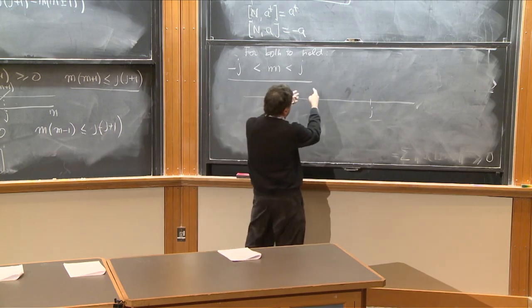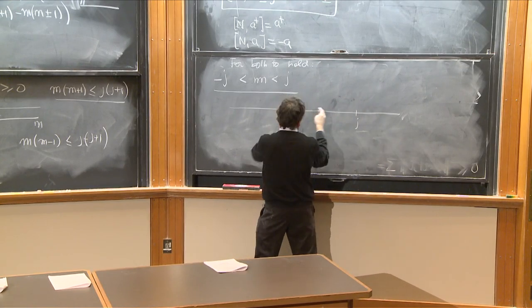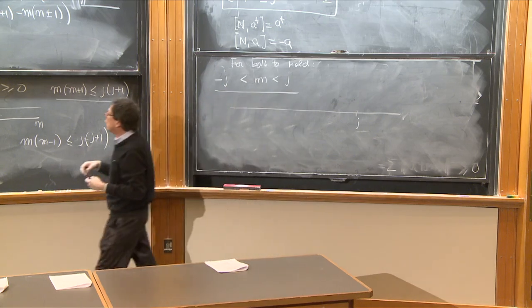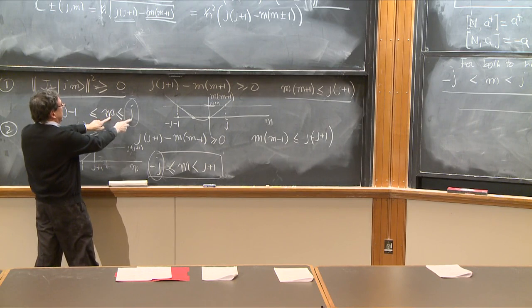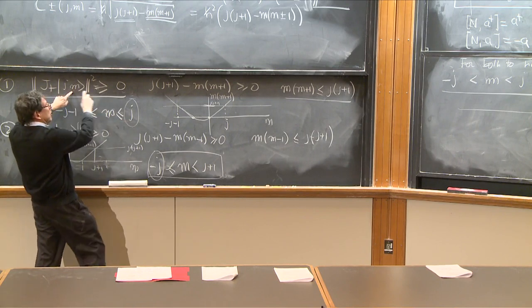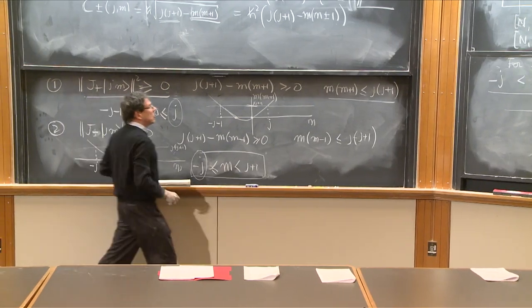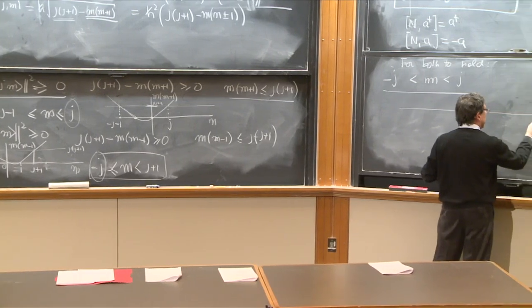And if you keep adding j pluses, eventually you will go beyond this point. The only way not to go beyond this point is if m reaches the value j. Because if m reaches the value j, the state is killed. So m should reach the value j over here at some stage.